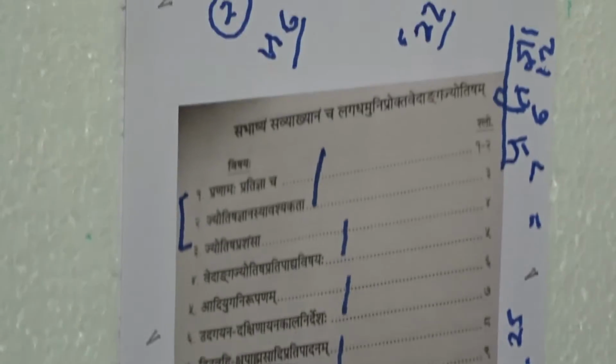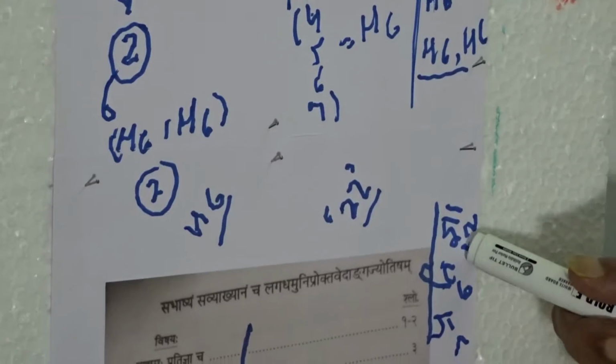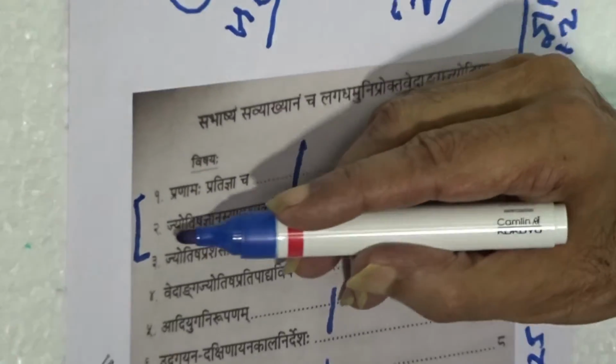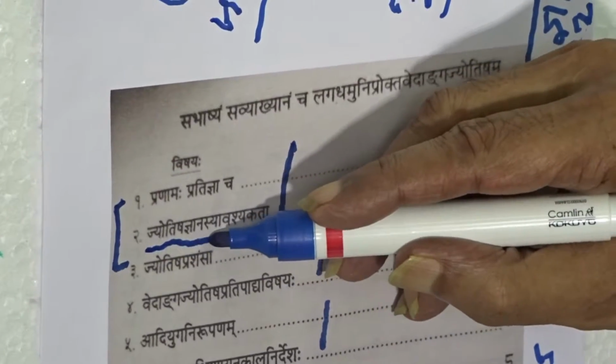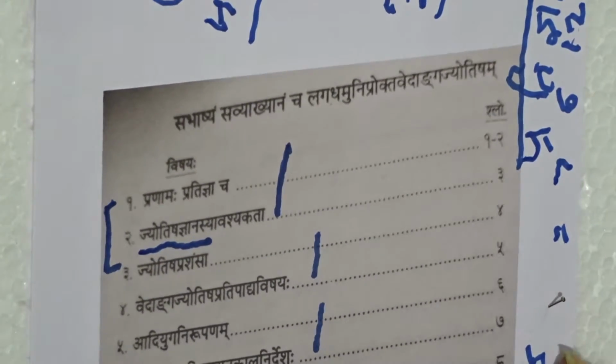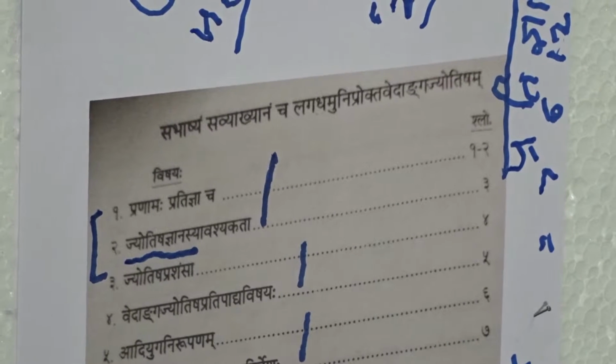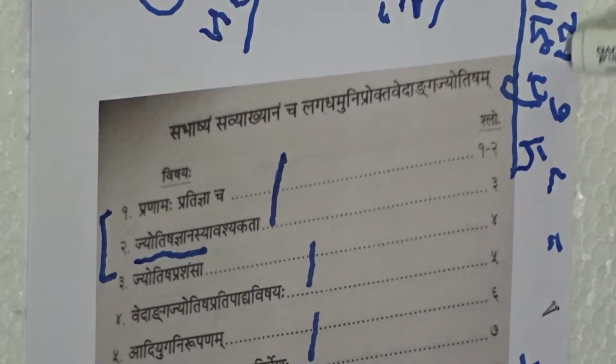So this is going to be our pratigya. So pranam and pratigya, what is it for? We saw it is for Jyotish Gyan. Now, therefore, the Jyotish Gyan, the knowledge of the Jyoti, is going to be the chase steps of ours.